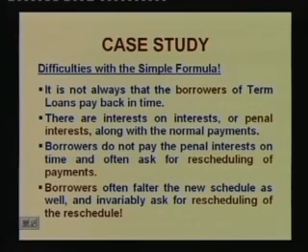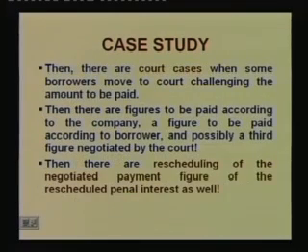And then there could be court cases when some borrowers move to court challenging the amount to be paid. Then there is a figure to be paid according to the company, a figure according to the borrower, and possibly a third figure negotiated by the court. So, there can be so many things. There could be rescheduling of the negotiated payment figure of the rescheduled penal interest.